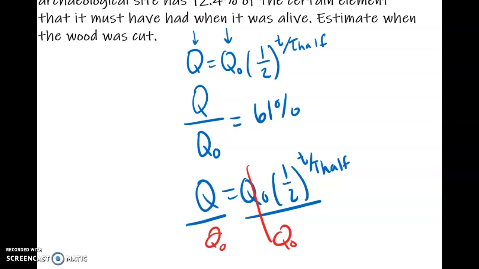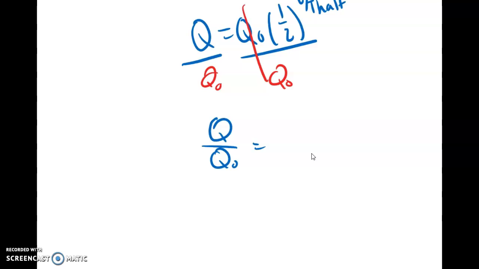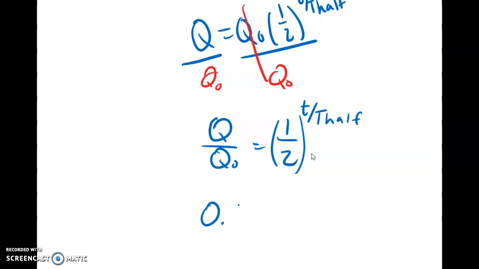The Q sub 0s on the right side will divide out, and I will be left with Q over Q sub 0 is equal to 1/2 raised to the T over T half. In this case, this ratio is 61%, or written as a decimal, 0.61. And our T half, the half-life, is 5,700.